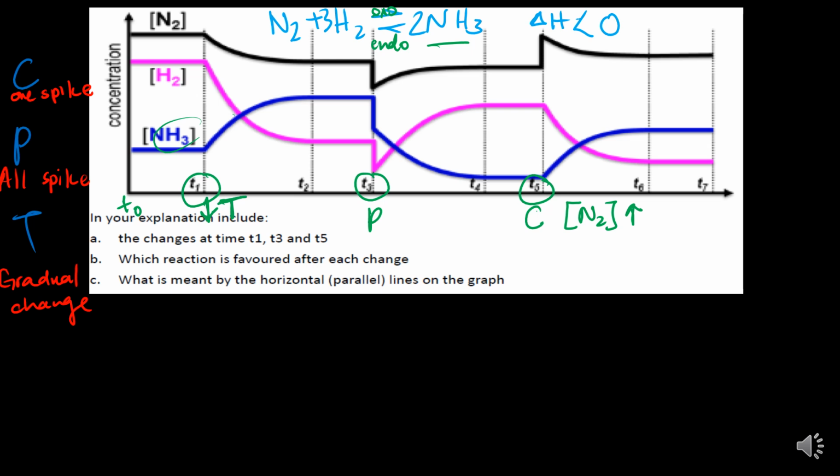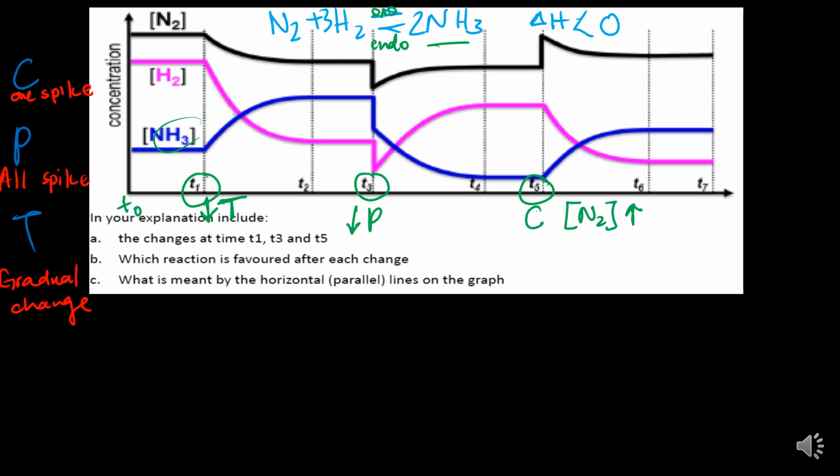Then at T3, we know that an increase in pressure favors the reaction producing the least number of gaseous moles, right? If you look there, after the disturbance, the concentration of the reactants N2 as well as H2 increases, which means they are favored. The pressure was decreased and the reaction producing the most number of gaseous moles was favored, which is the reverse reaction.